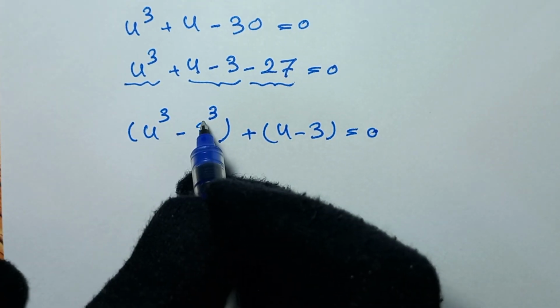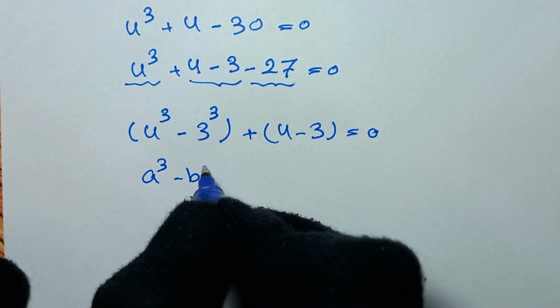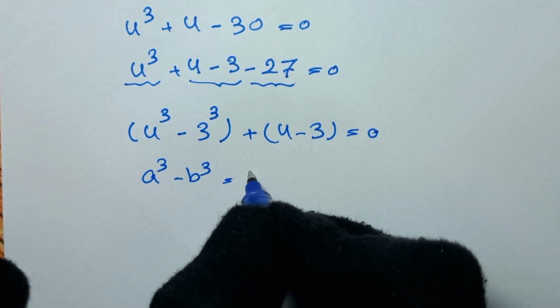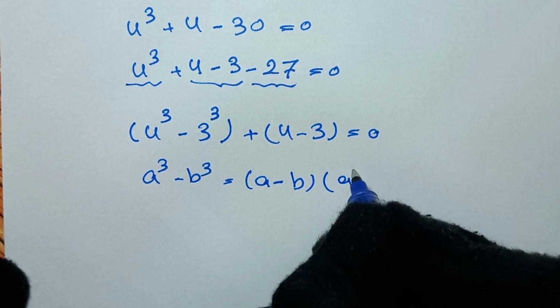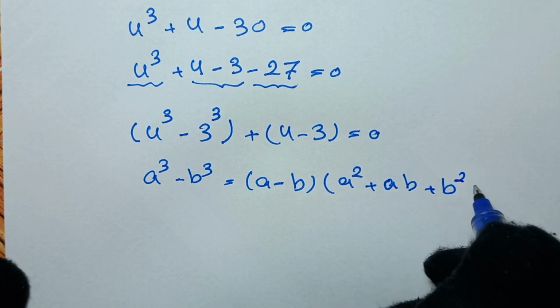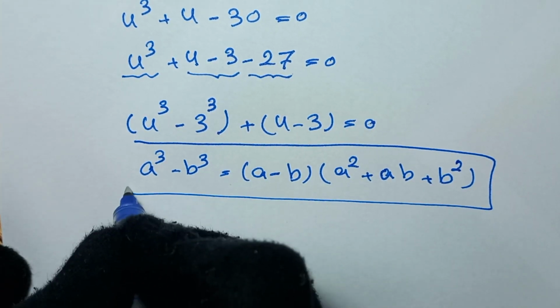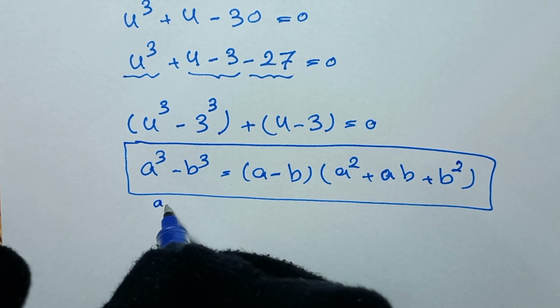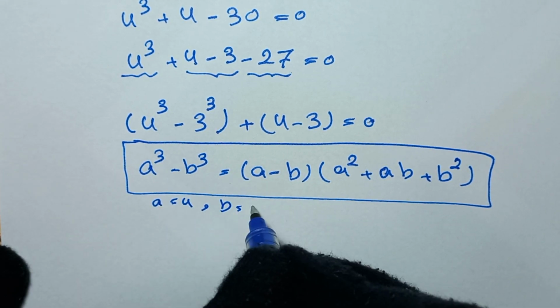And here, this is in the form of a cubed minus b cubed is equal to a minus b times a squared plus ab plus b squared, right? So, which a is u and b is 3.